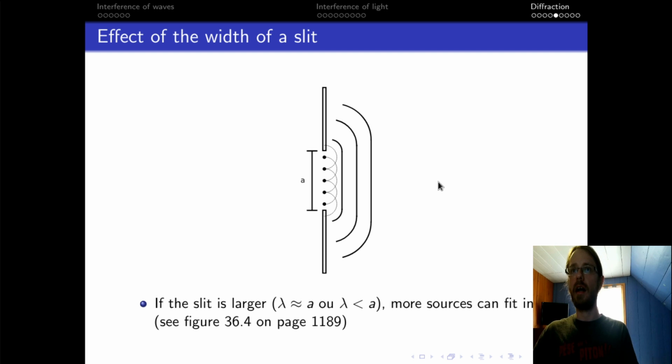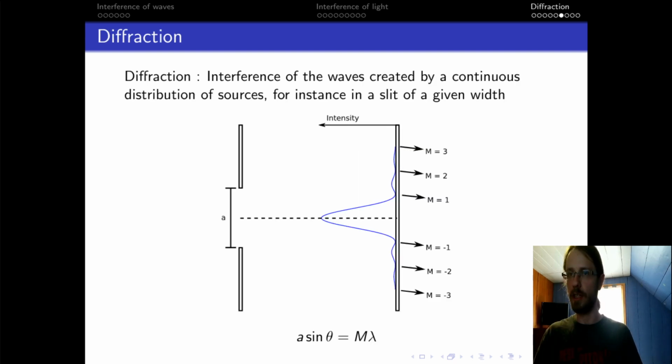And all of these sources, like we said, will create their own waves, which will add up. And whenever we have a screen somewhere, we will get the overall interference pattern of all of these sources combined together. So we define diffraction as being very similar to interference.